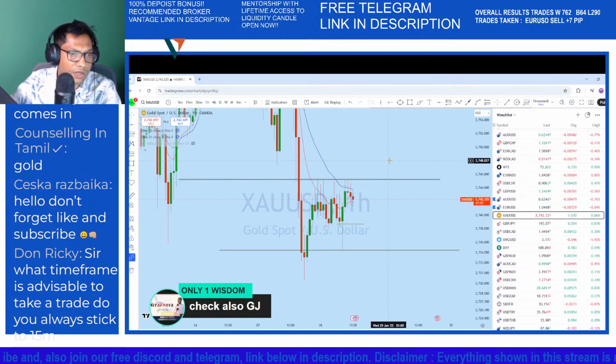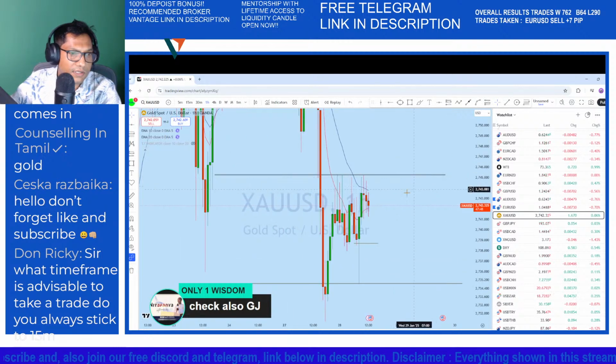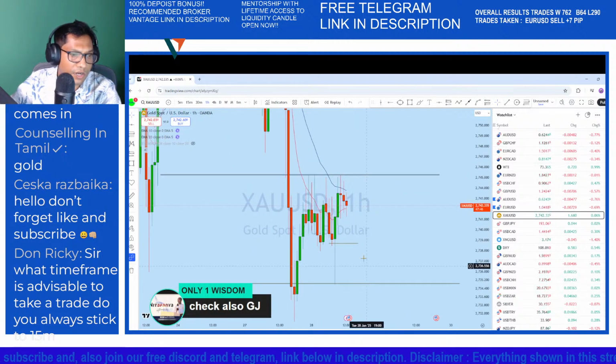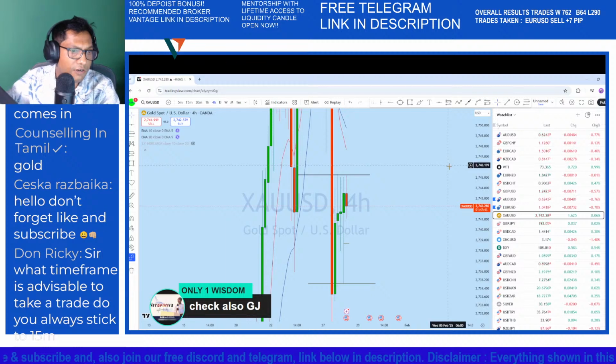You can see multiple times the market is getting that resistance, and from the resistance we could see the price coming to that support here.